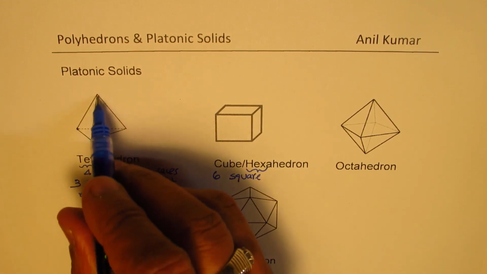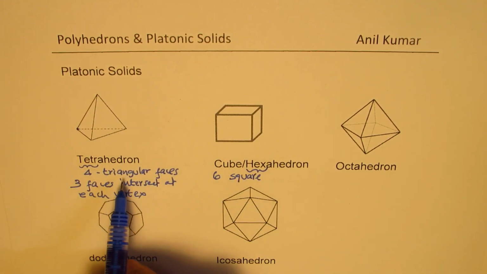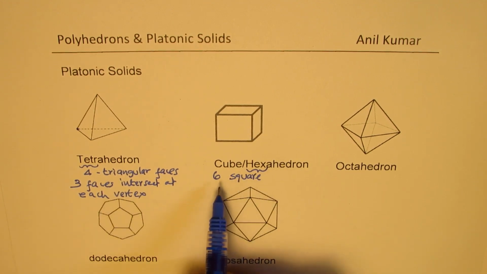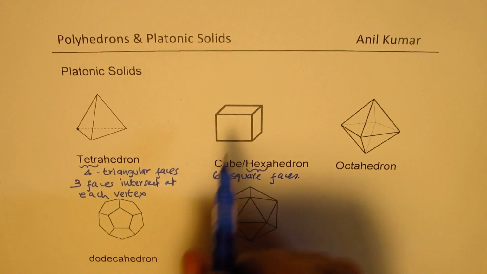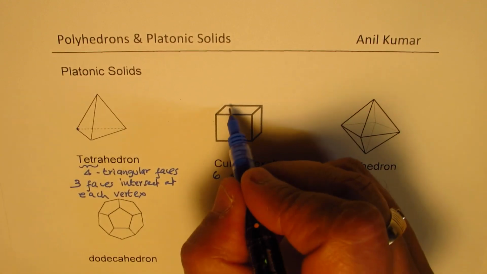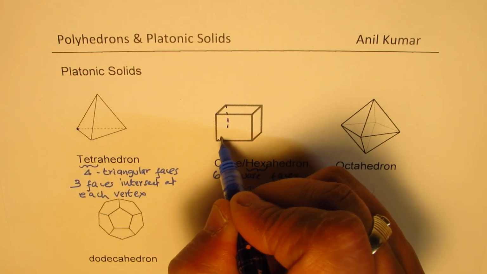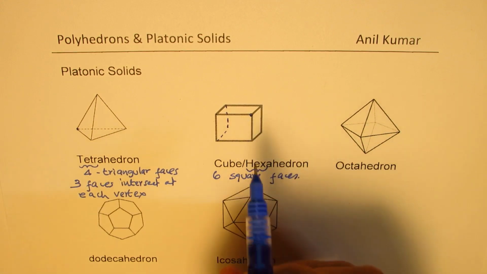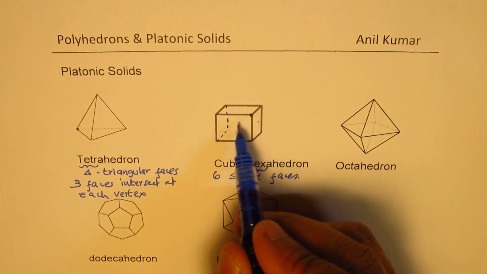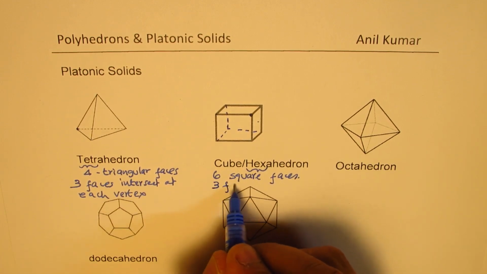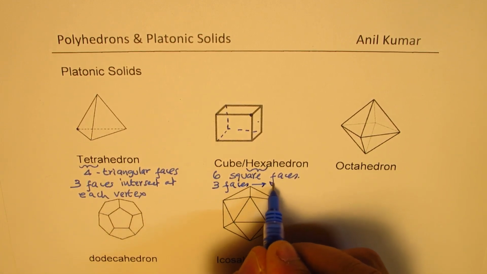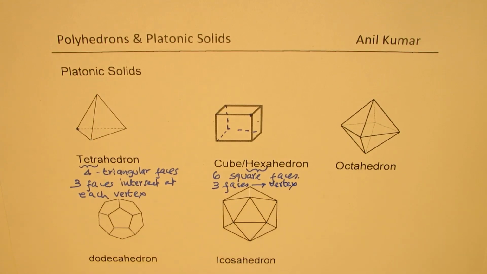These are equilateral squares, 6 square faces. At each point, let's take this point, 1, 2, and 3 faces meet at each point, correct? 3 faces intersect. Clear?